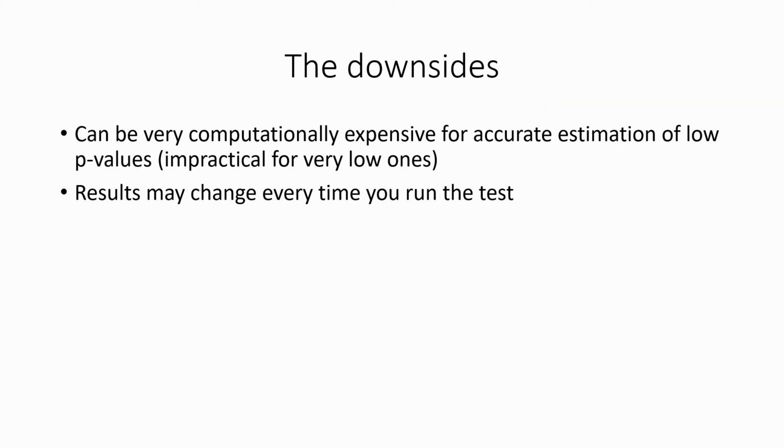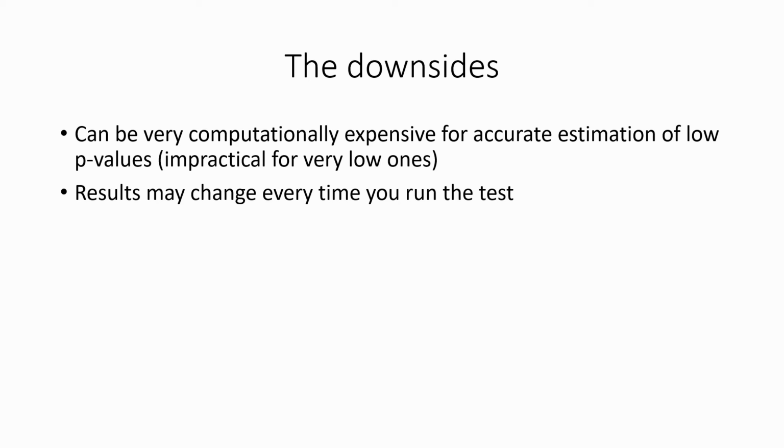If you want to get a good estimate of low p-values, it could take us a lot of time, because if we want, for example, to estimate a p-value on the order of e to the minus 6, then we would need a few million iterations. And you see it takes time to run that many simulations. And if we're interested in very low p-values, then it's completely impractical to estimate them.